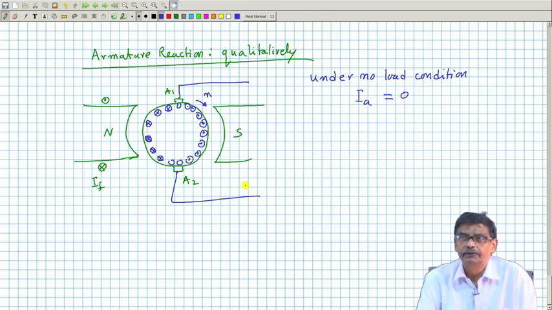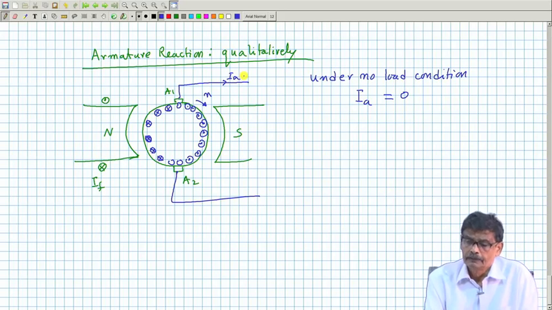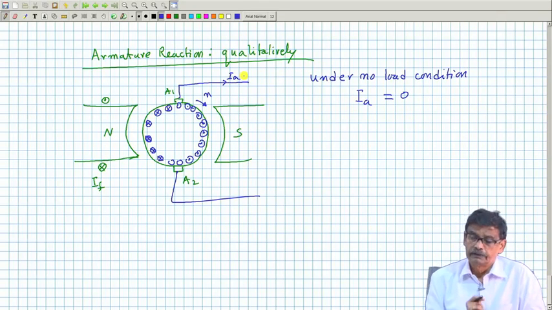Armature will carry current when you connect some load, otherwise it may carry very little current, it does not matter. But generally under no load condition means I A is 0. So, this will be the situation.